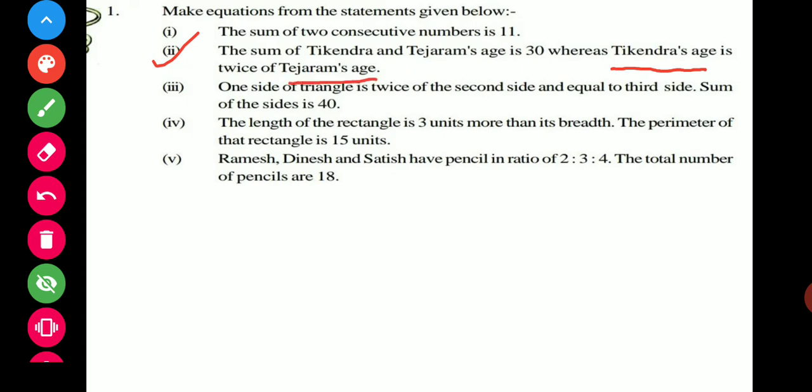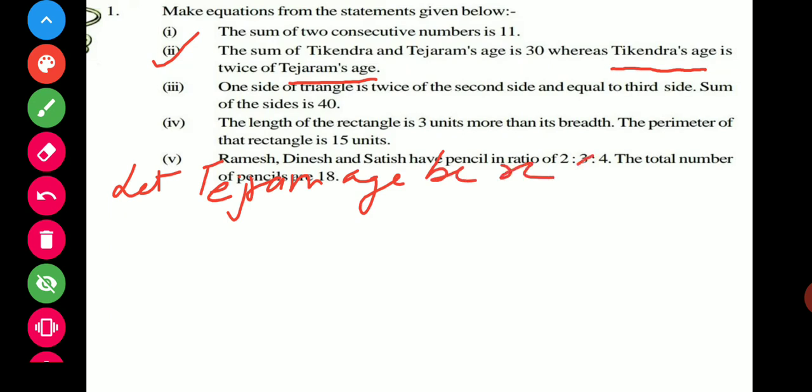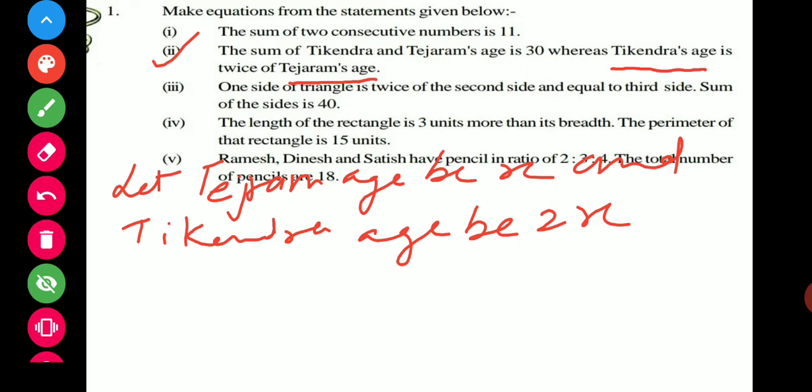So first of all, let Tejram's age be x and Tikendra's age be twice of Tejram's, that is 2x, and according to the question the sum is 30.